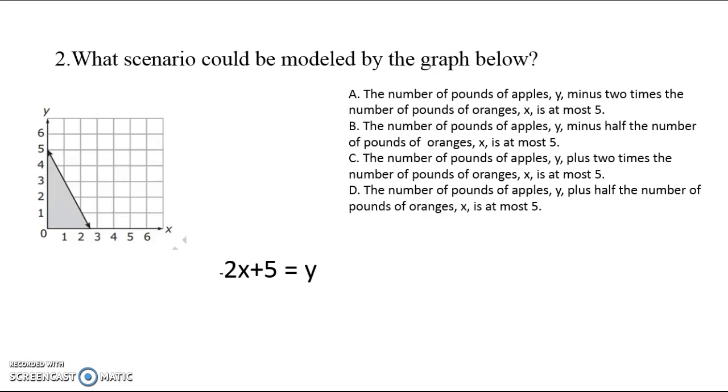It's in between 2 and 3, and so the number of pounds of apples is y plus 2 times the number of pounds. So I definitely knew that 2 was going to be our slope and 5 our y-intercept, and that's the reason I had C as my answer for number 2. Okay, so let's move on.